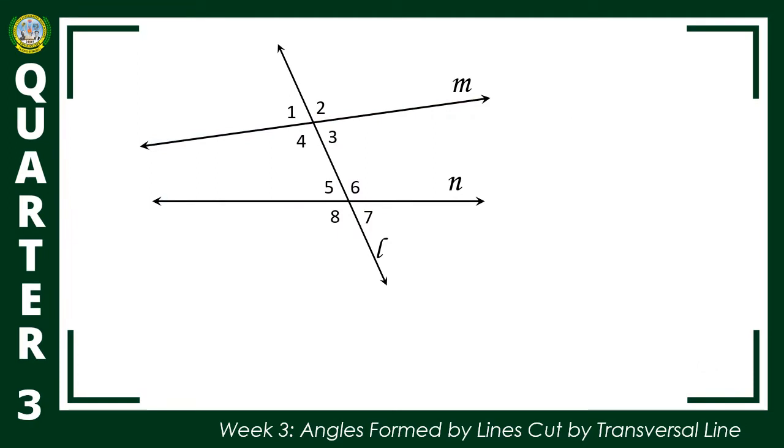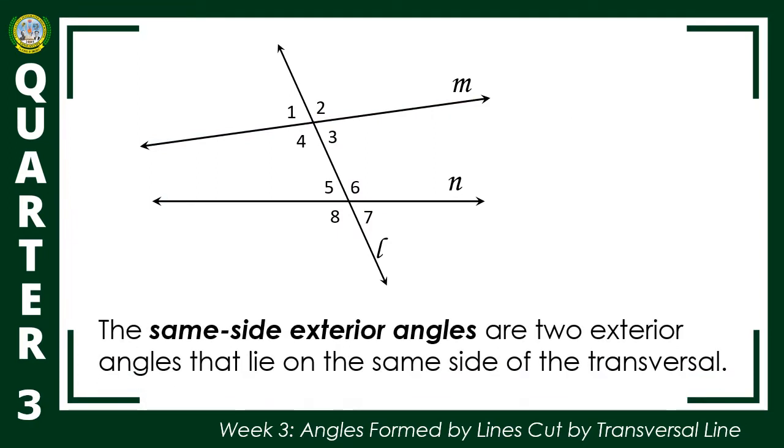Of course, meron din tayong same side exterior. Okay? Same idea ng same side interior angles. Ito po yung mga exterior angles that lie on the same side of the transversal line. Okay? Of course, we have angle 1, angle 2, angle 7, angle 8. So, kita po sa figure natin that angle 1 and angle 8 both lie on the left side of the transversal.